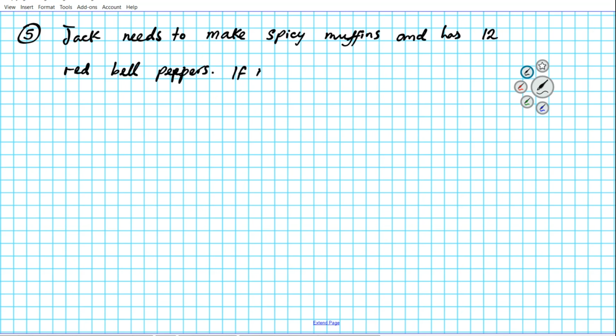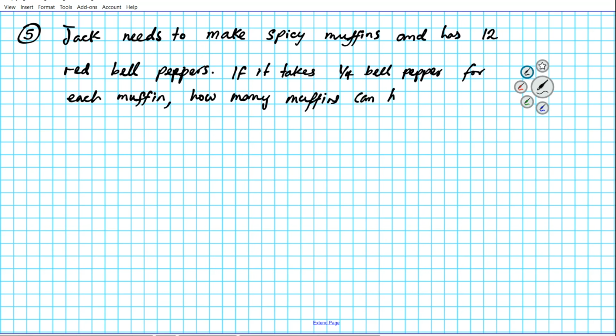If it takes 1/4 of a bell pepper for each spicy muffin, the question is: how many muffins can he make? That's the question. Okay. All right, so let's go ahead and solve this problem.